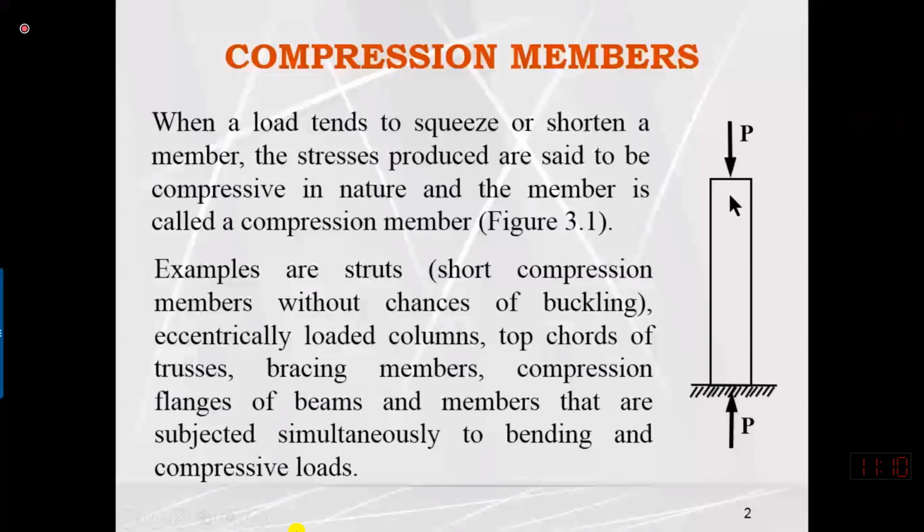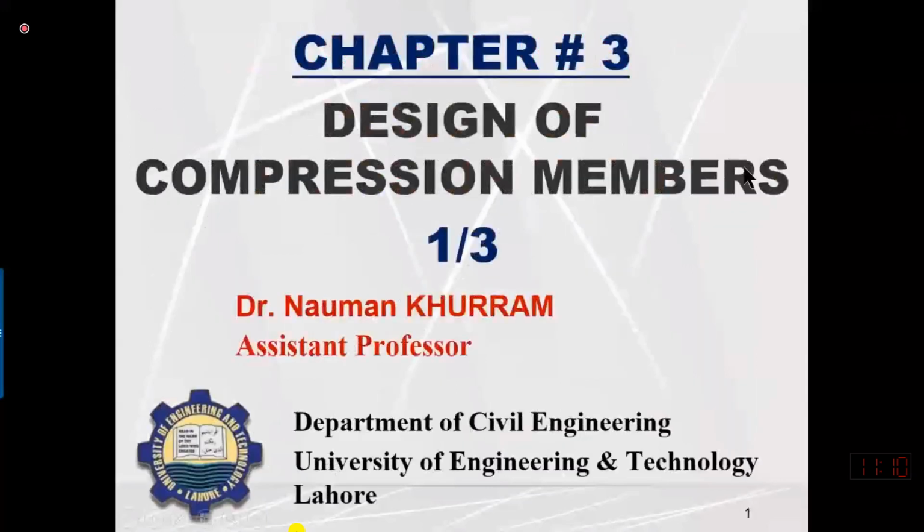It will not bend in the lateral direction. We keep on increasing the load until we approach a particular load value. That value may be 60. At that point, the member will be slightly bent in the lateral direction due to compressive forces.